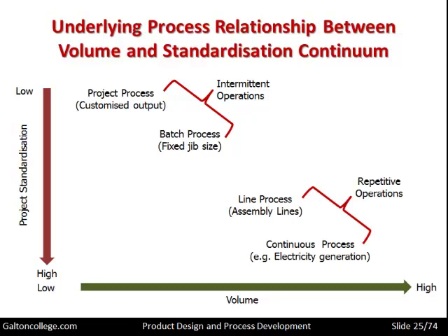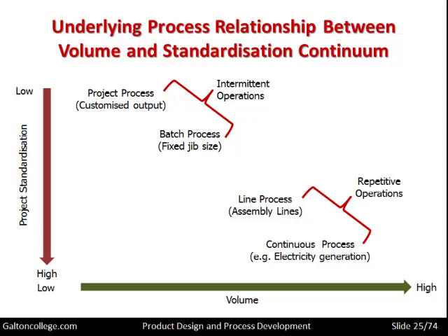For repetitive operations, we have line process and continuous processes. We have assembly lines, where the name line process comes from, of course. We have line processes, assembly processes, where items are assembled and produced along a continuous line. And we have continuous processes, for example, electricity generation. It's continuous, it's all the time, it's repetitive.